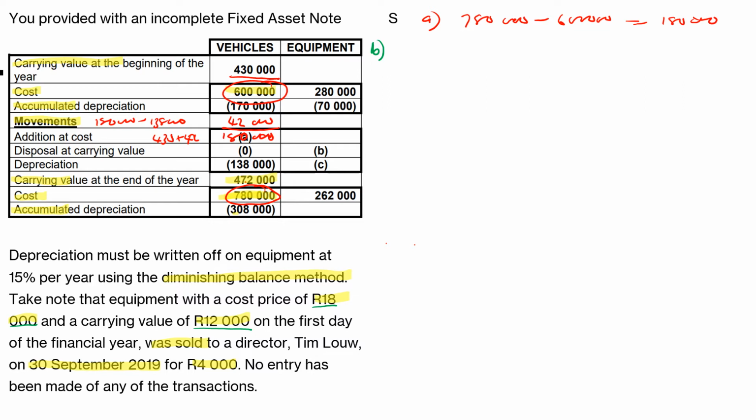The year end was 31 December 2019, and this particular equipment was sold on 30 September. So we need to calculate depreciation first, up to the date of sale.